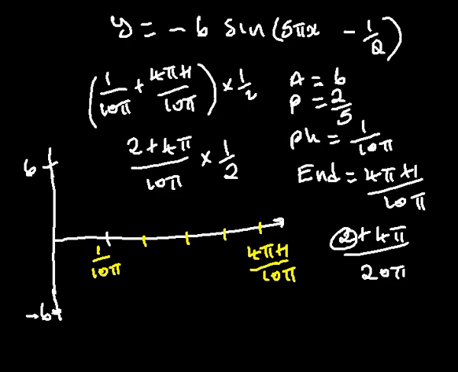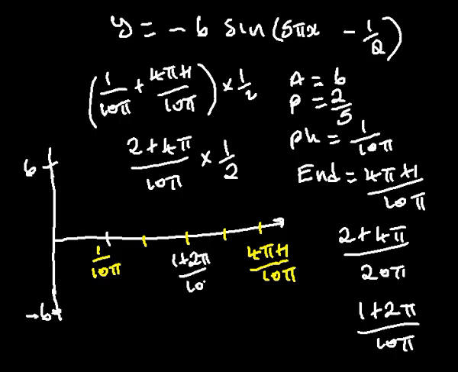Let's factor out the 2 there. It will be given as 1 plus 2 pi divided by 10 pi. So that's the middle of the two values. We'll have it as 1 plus 2 pi divided by 10 pi.